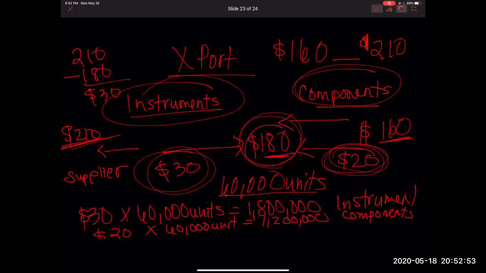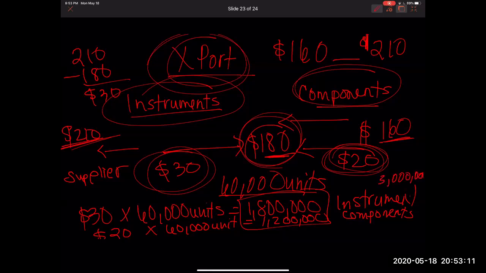And so lastly, in A, it's asking what the company overall is saving. Well, you just add these two up: 1.8 million plus 1.2 million gives you a savings of $3 million. Hopefully that made sense. We just broke down how much each division is saving by selling to and buying from each other, then negotiating it, and then you need the units.